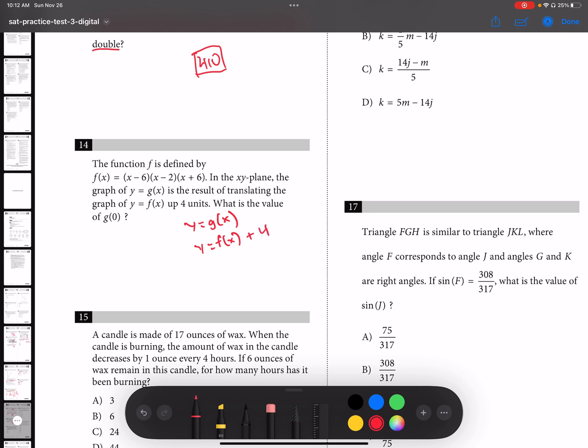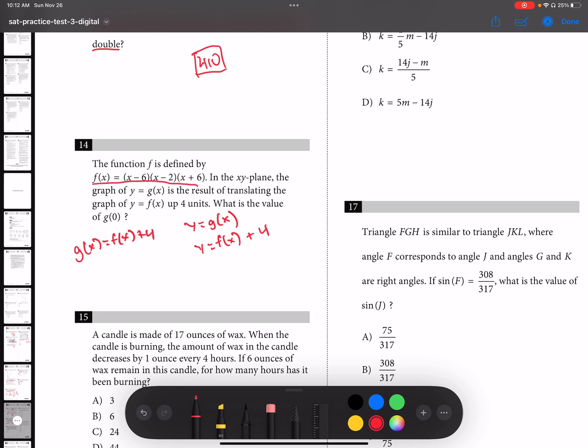We'd substitute this by saying g of x is equal to f of x plus 4. And once we have that information, now we can use this in order to find out.